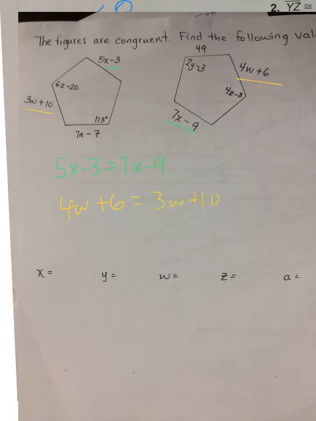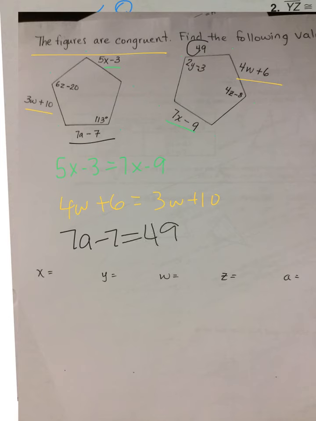Why is it equal? Because I tell you that these figures are congruent. Now I'm doing the outsides, and the only number I have left is 49, so 7a minus 7 has to equal 49, just FYI.